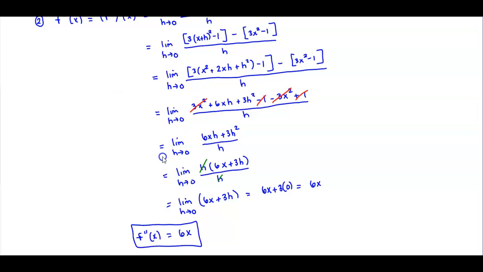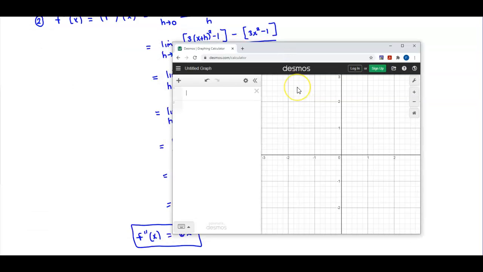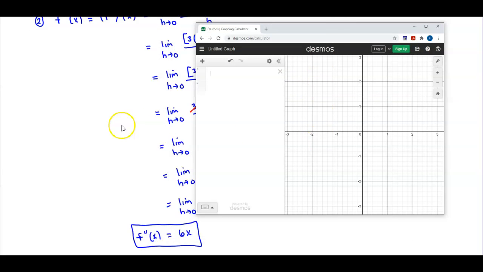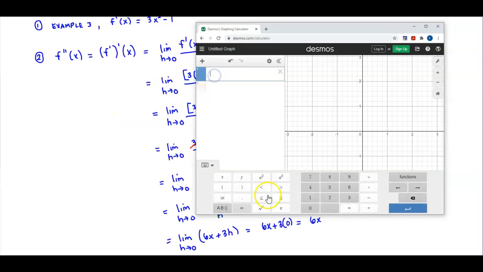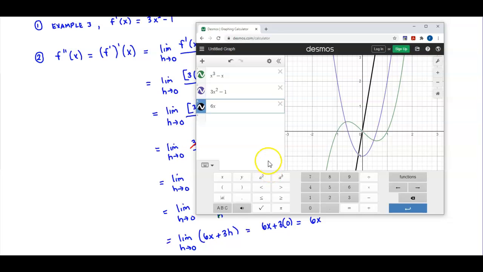Okay, so now let's graph all these on one graph and see what that looks like. Our first function was x cubed minus x, then our derivative was 3x squared minus 1, and then our second derivative is 6x.